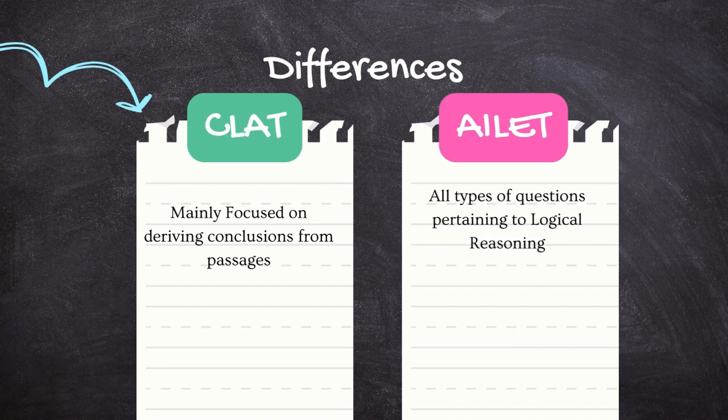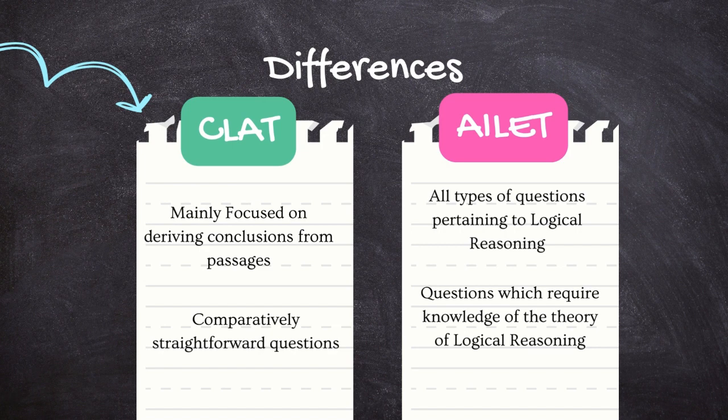First and foremost, in the CLAT exams, the logical reasoning part is focused on just one type of question, that is, deriving conclusions from passages. On the other hand, in the AILET, there is a greater variety of questions related to logical reasoning, which we shall discuss in detail in the next part of this lecture.